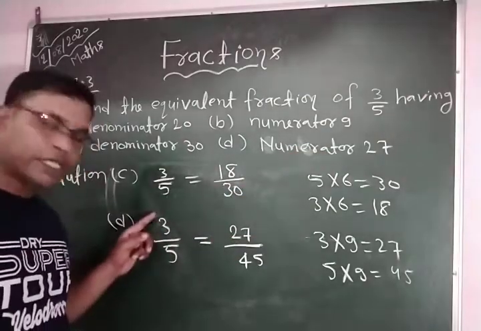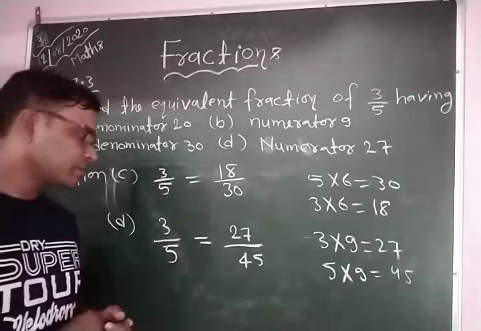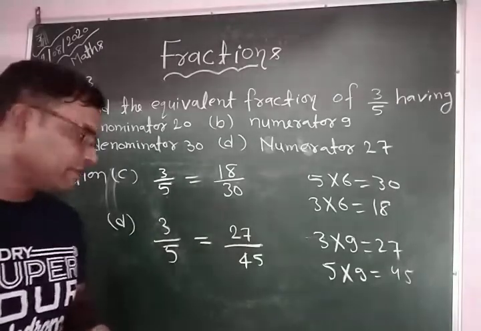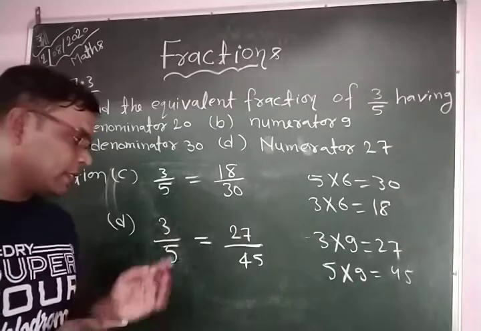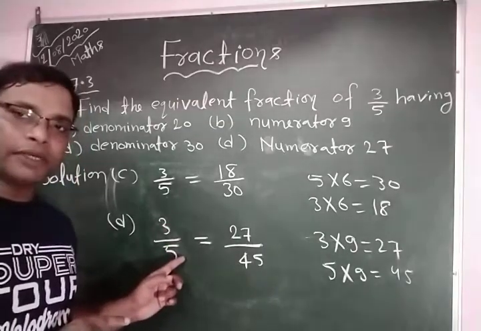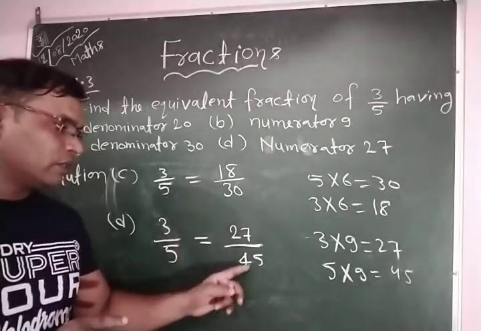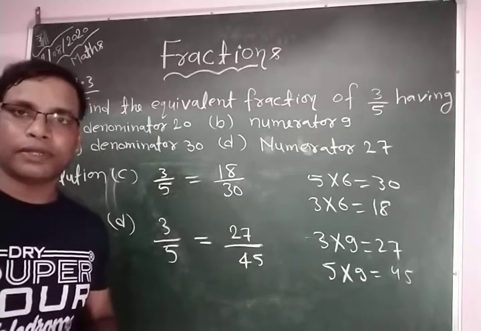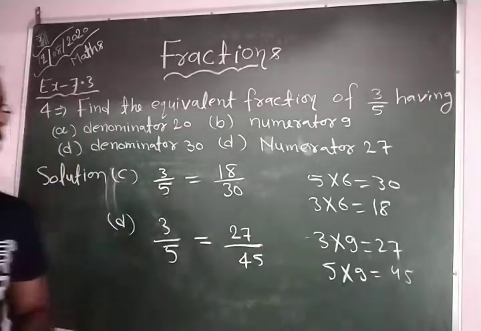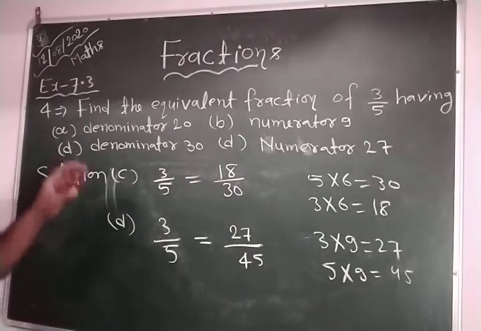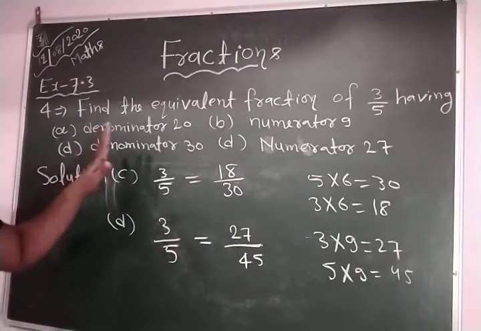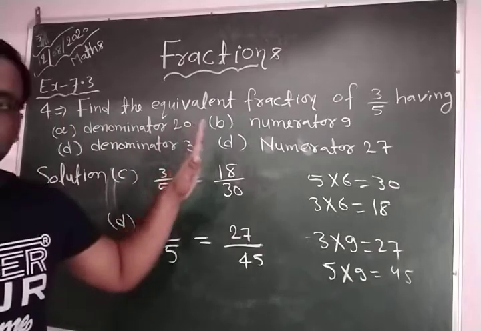This is our fraction; if we multiply the numerator and denominator by 9, then we obtain 27 by 45. Students, I hope all of you understood what an equivalent fraction is and how to solve such types of problems.